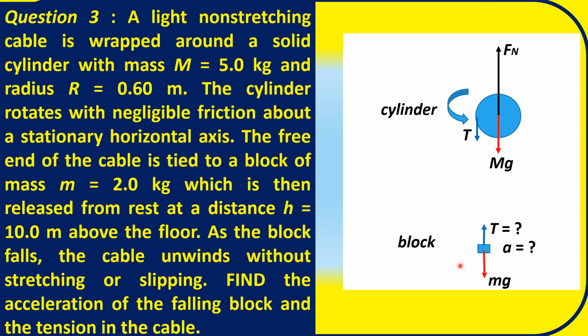The weight of the block is represented here by small letter mg. And we are asked to find the acceleration of the falling block. Definitely, it is not really falling, because it is being held back by the cable.